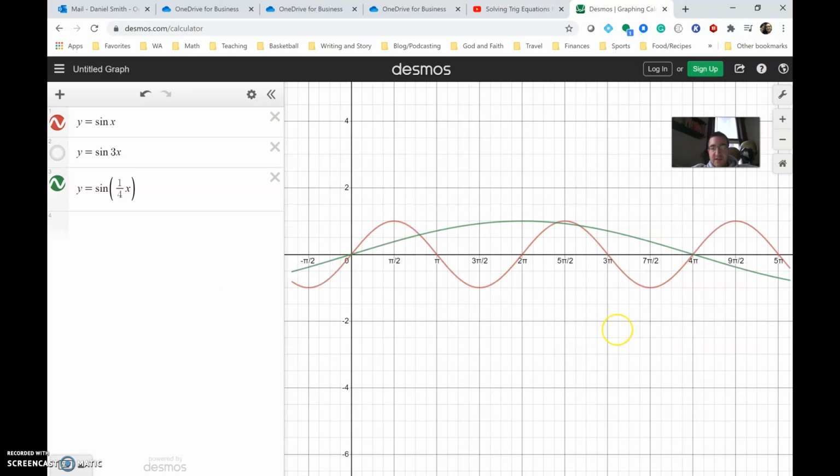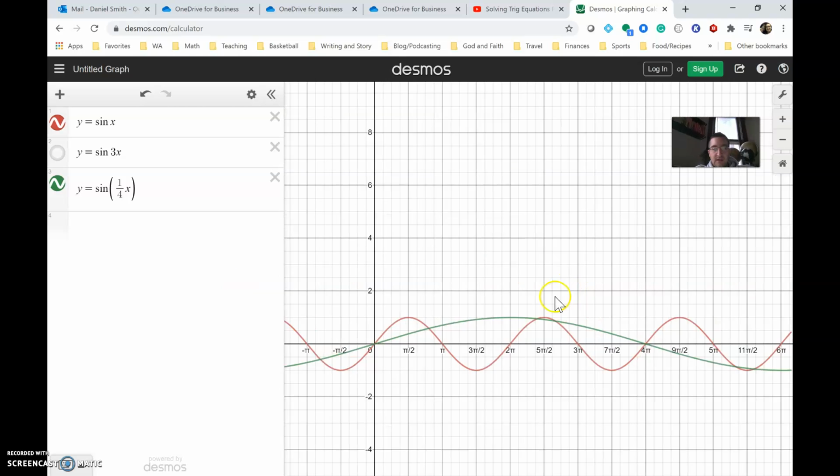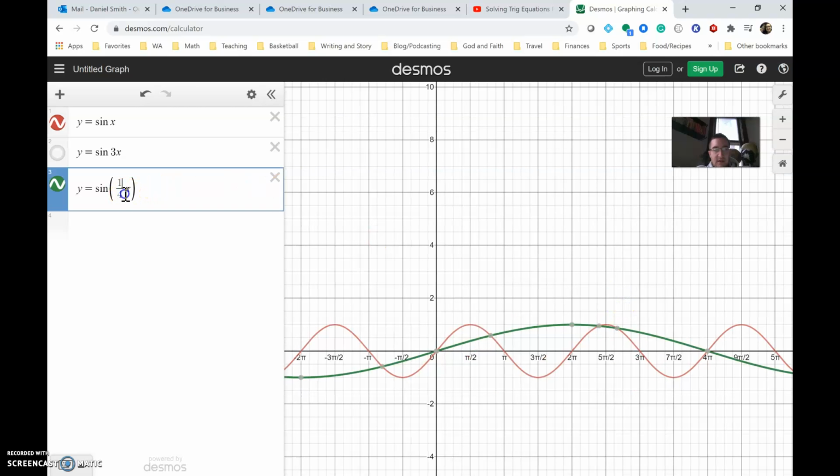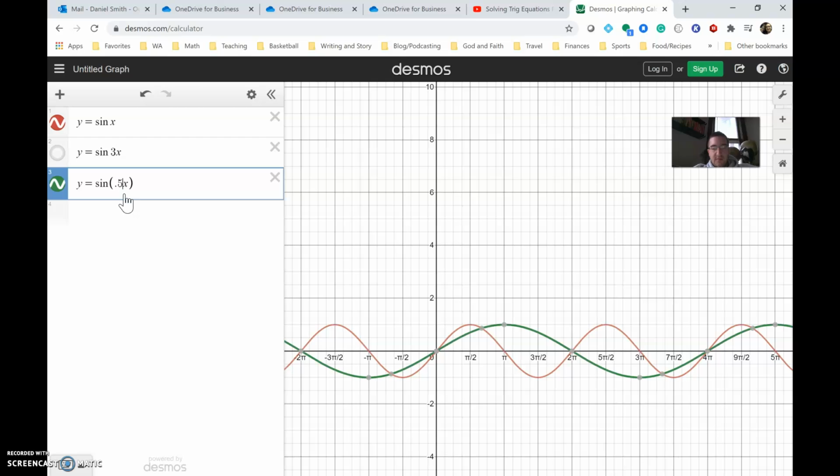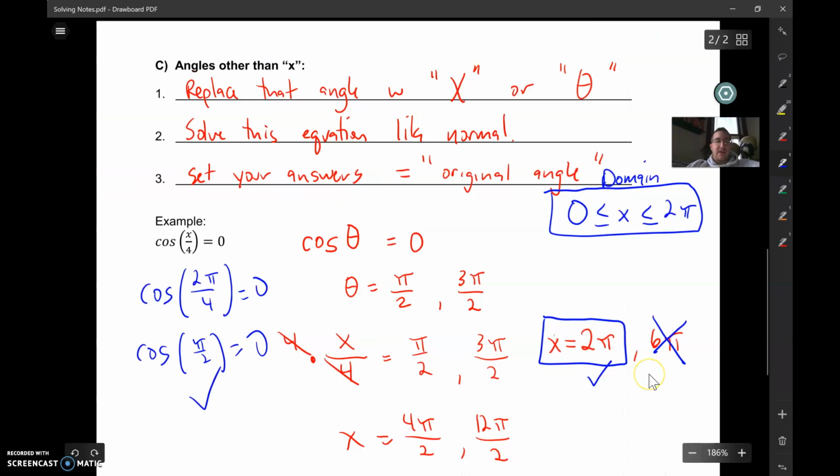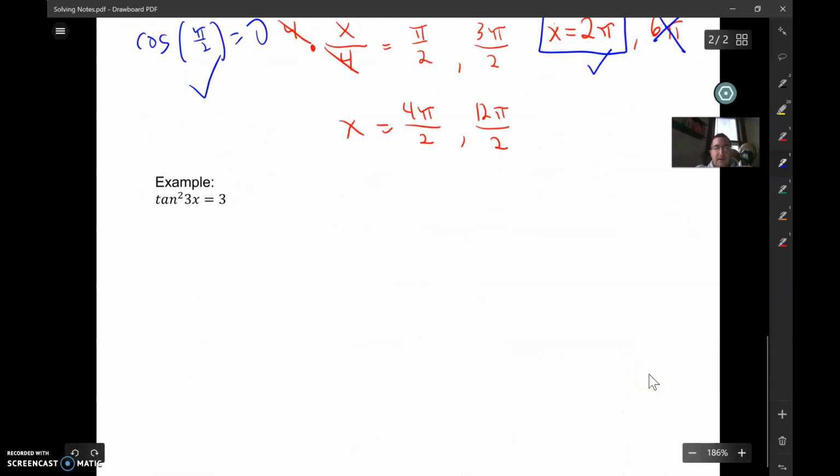This is so stretched out that it's going to have less answers than a normal. I'll just use 0.5. There you go. You can see there's 2 answers. So depending on the period of the graph, the amount of answers is going to change. And that's the point that I was trying to get to.